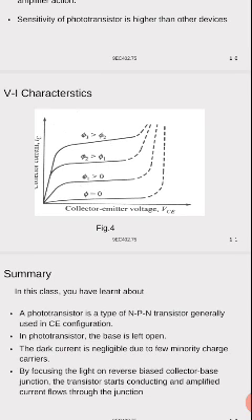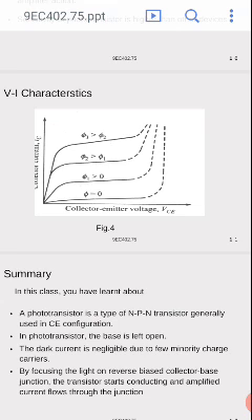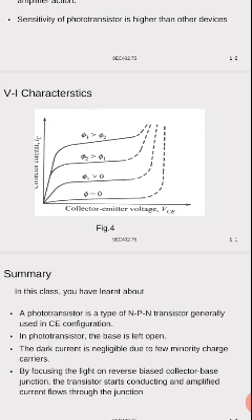By focusing the light on reverse biased collector base junction, the transistor starts conducting and amplified current flows through the junction.